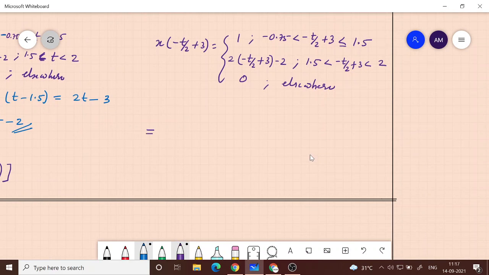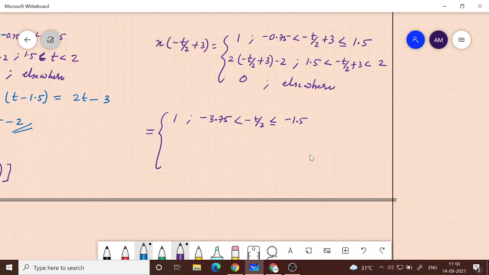So this is equal to 1. Now what we need to do is step by step three operations. First is subtracting 3 from everywhere, so that will remove this. So this will be minus 3.75 less than minus t by 2 less than or equal to, if you subtract 3, minus 1.5.